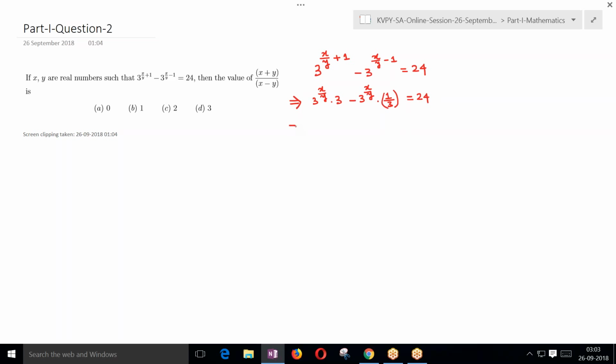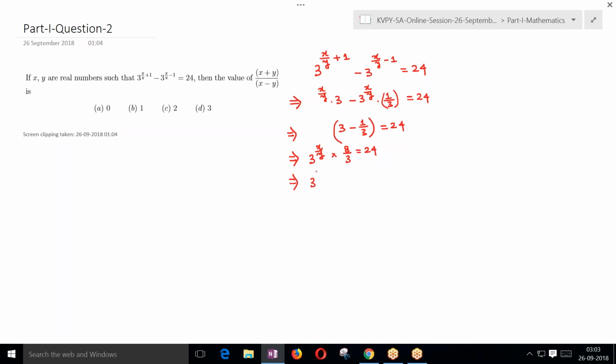Now let's take 3 power x by y common. This implies 3 power x by y into 3 minus 1 by 3 is equal to 24. 3 minus 1 by 3 is nothing but 8 by 3, so 3 power x by y into 8 by 3 is equal to 24.